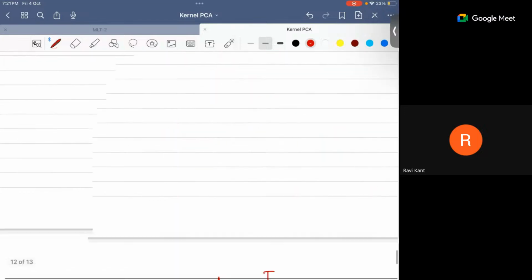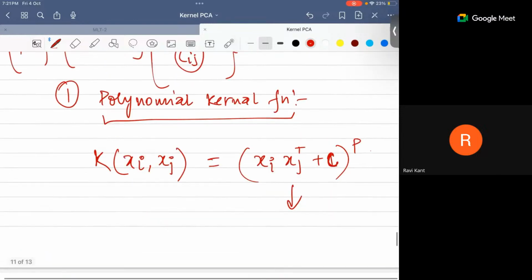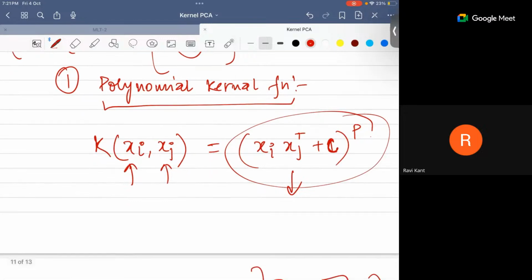We came upon one function, the polynomial of degree p. If we put in the i-th data point and the j-th data point, it will give us this type of function. If you want to go to a very high dimension, you can just increase the value of p. You just put in x_i and x_j, and it gives you output values that will be the dot product.